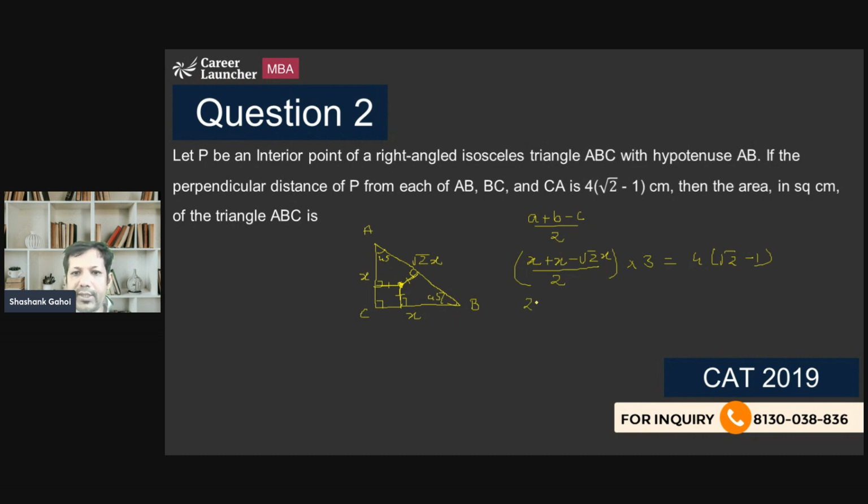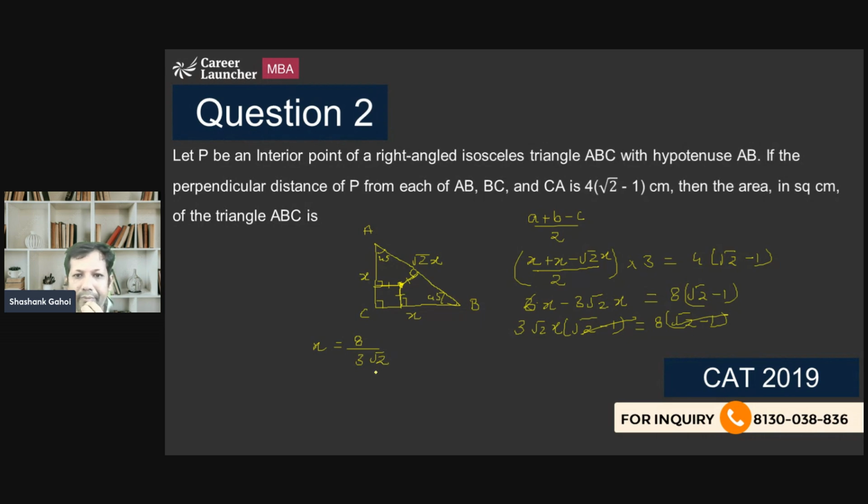So I am going to get 2x into 3 is 6x minus 3 root 2x, and that is equal to 8 times root 2 minus 1. Okay, fair enough. So 3 root 2x, if I take common, then I'm going to get root 2 minus 1. So this is going to be 8 times root 2 minus 1. So this cancels out, so I got the value of x is 8 upon 3 root 2.